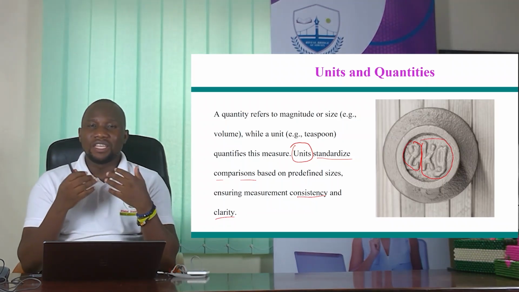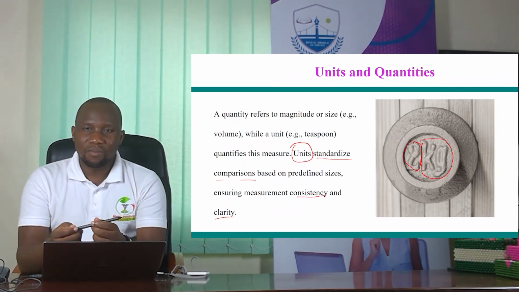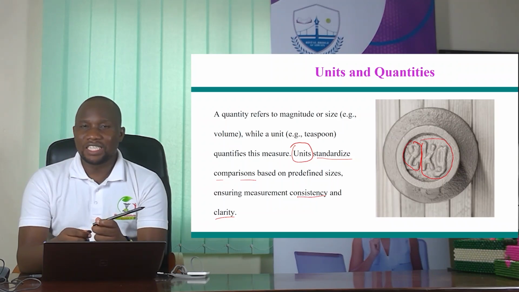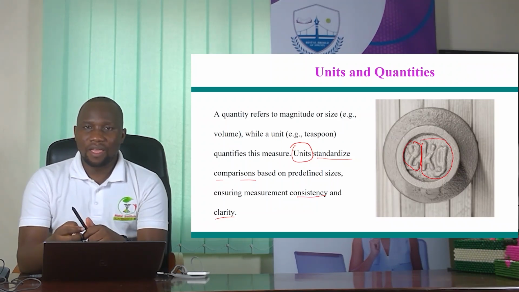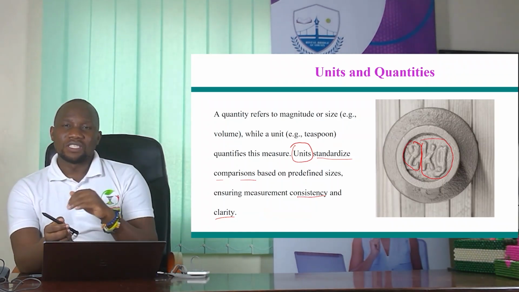These units allow us to have standards and then also consistency and clarity. Okay, so when we are communicating, we need to be very clear. I'm going to give you 2 pens. I'm going to give you 2 liters of milk. I'm going to give you 3 liters of milk. Okay, that means that is going to be consistent throughout.